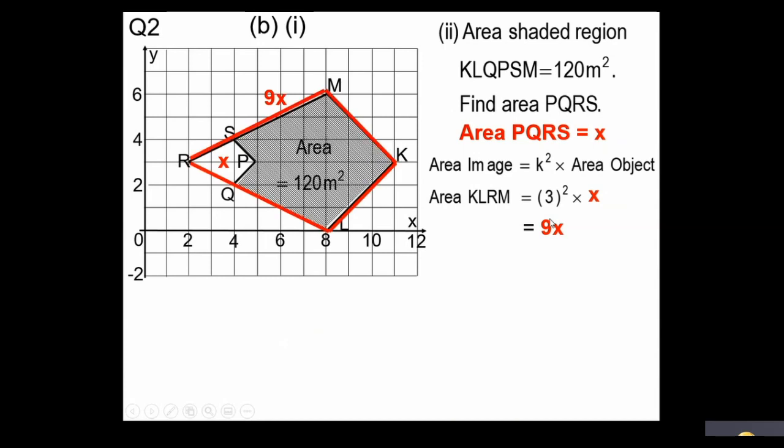This whole thing, the area for KLRM, I use the red line here. So if the area of KLRM is 9x, the area of this one is x. If you take 9x minus x, you will get 8x. If you want to find this, you need to take 120 divided by 8.